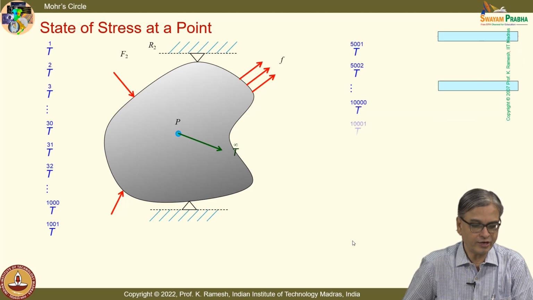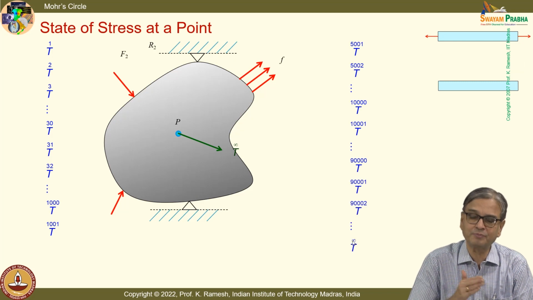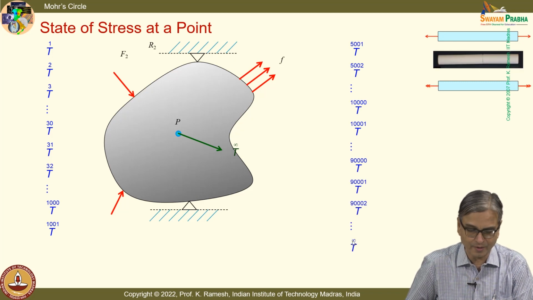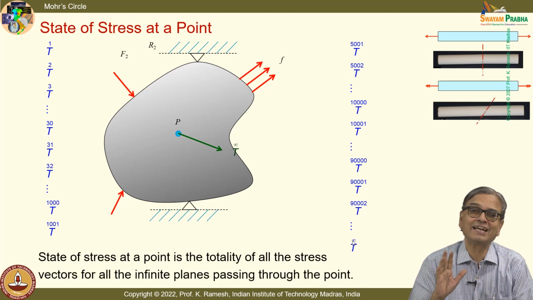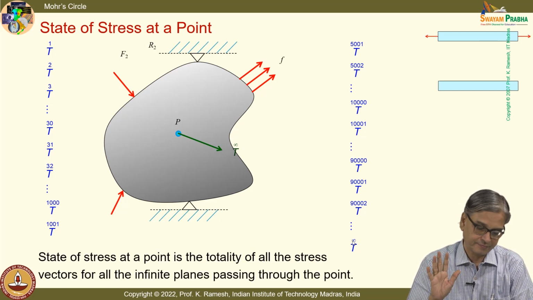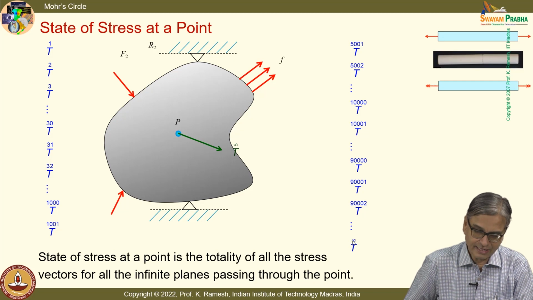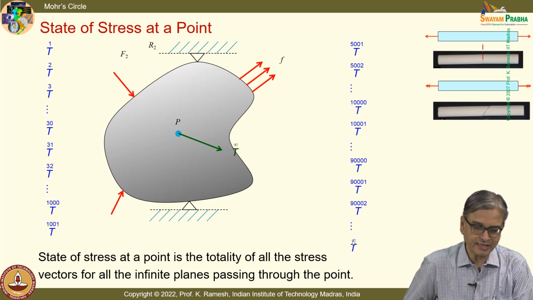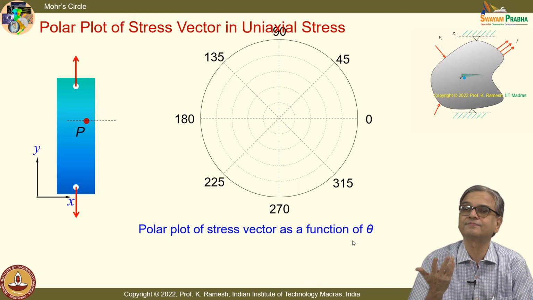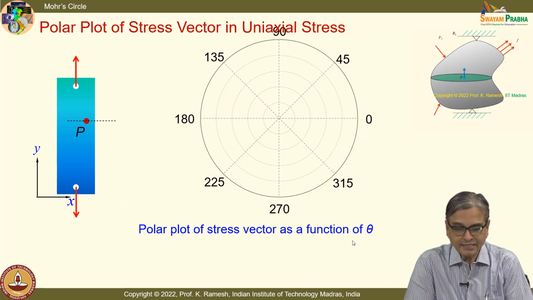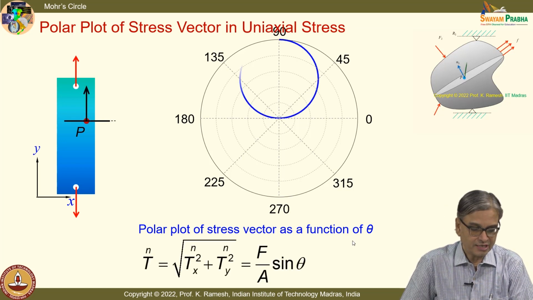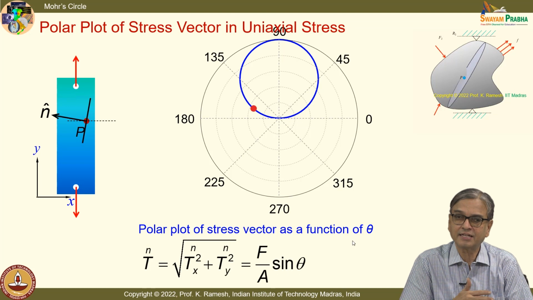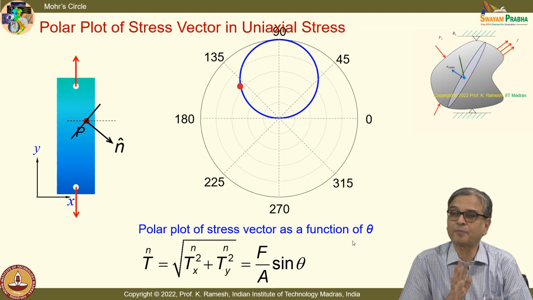And we said that only if I have all the possible stress vectors passing through the point of interest, I get what is known as the state of stress at the point. And we also said that it was looking insurmountable, then Cauchy's formula rescued you. See, when you look at this, the stress vector can also be represented as a polar plot.